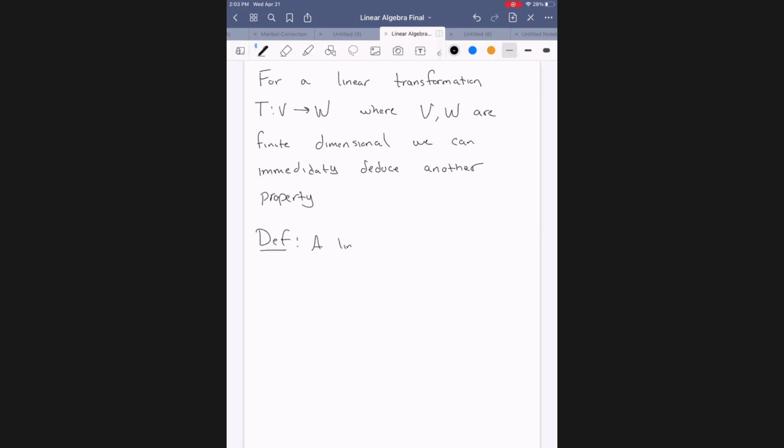A linear transformation T from V to W is called onto, or you can say surjective, if for every w in W there exists a v in V such that T of v is equal to w.